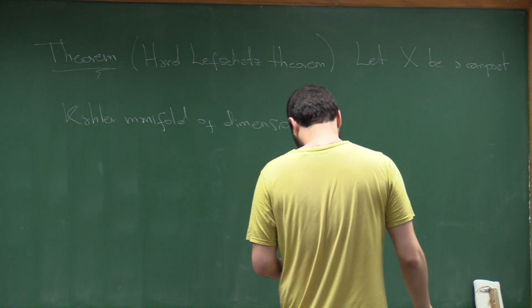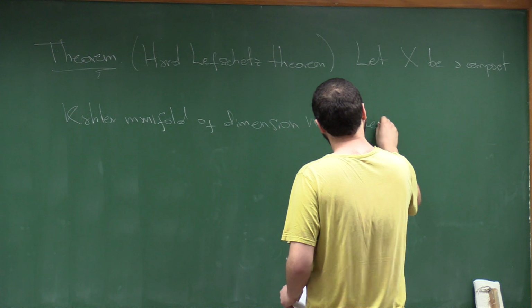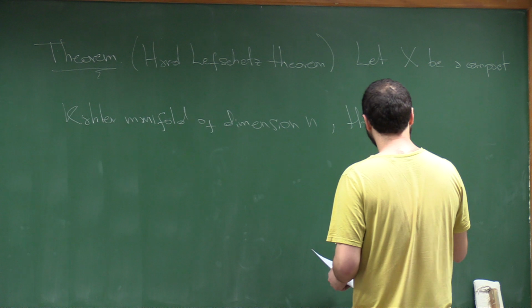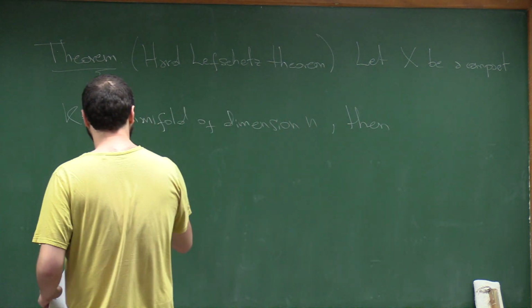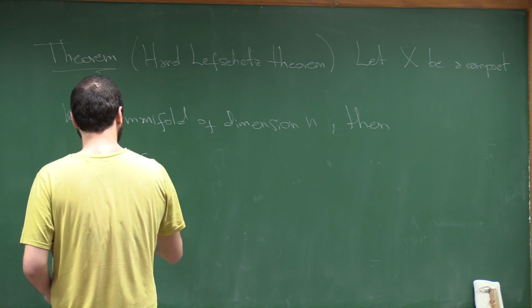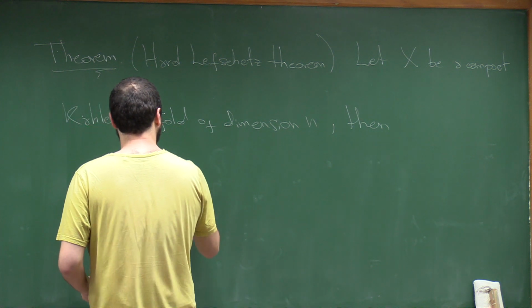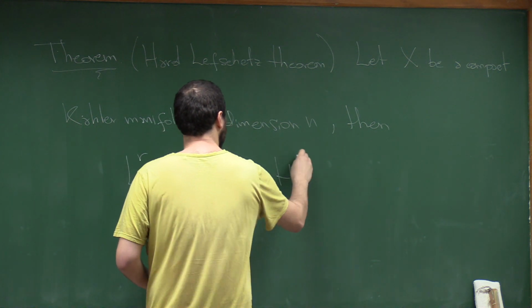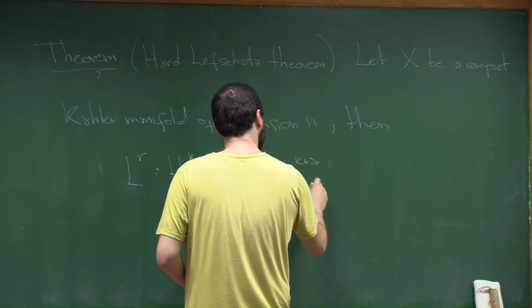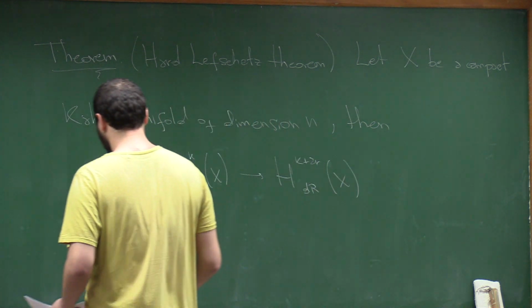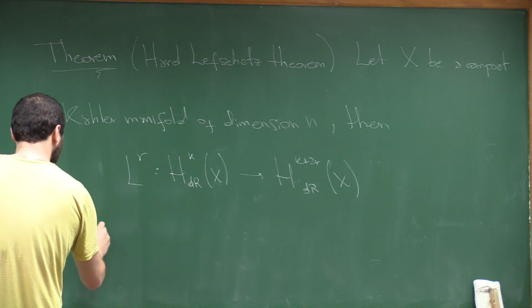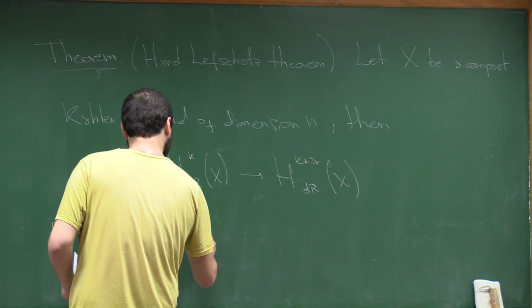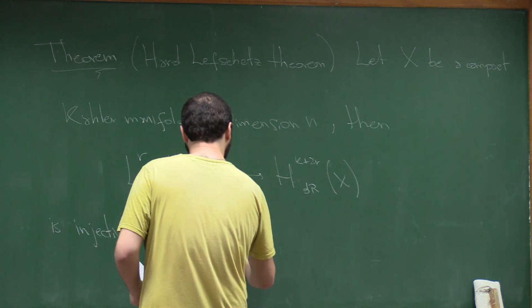Then for every k, the map L^r from H^k_dR(X) to H^{k+2r}_dR(X) is injective for all r equal to 0 up to n minus k.